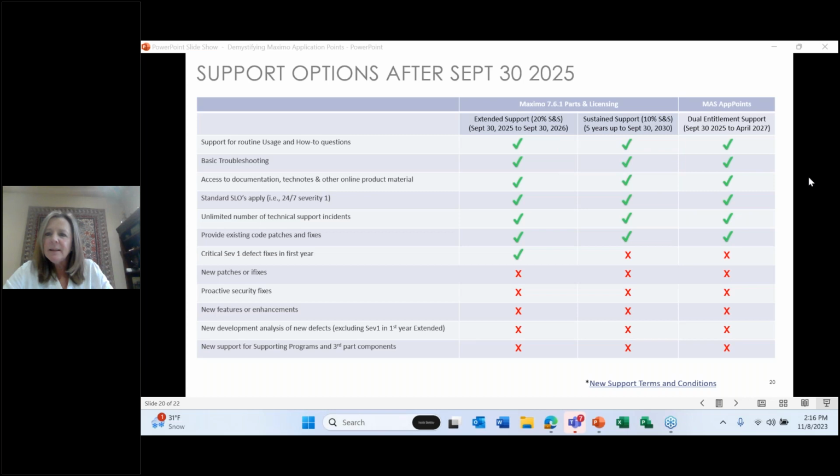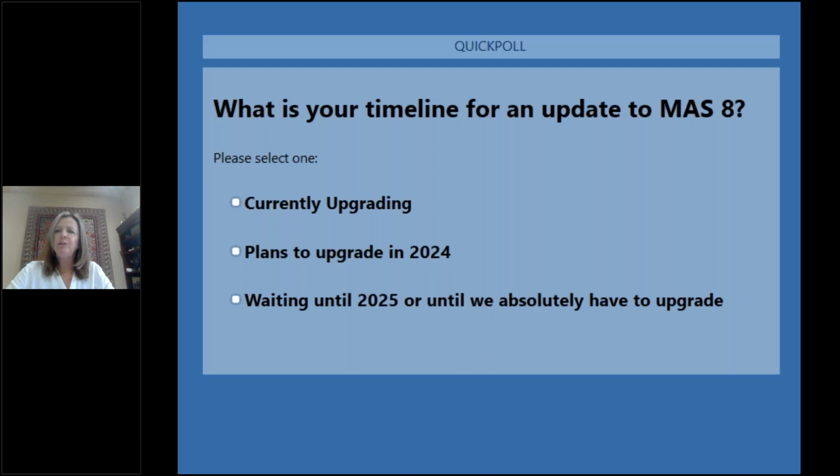The next poll question is, what is your timeline for an update or upgrade to MAS? Are you currently upgrading? Do you have plans to do so in 2024, or are you waiting till the 11th hour?